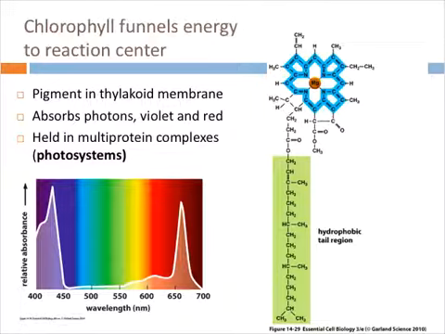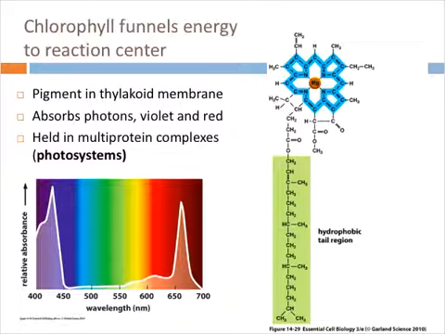Like all things in nature, everything wants to come down to its lowest possible energy state. So when these photons become excited by the light energy, they want to get rid of it. Okay, they want to come back down to their lowest energy state. So they're trying to basically just throw this energy to something else.